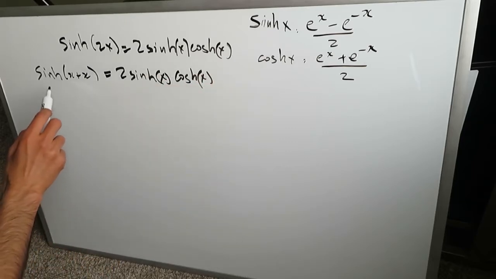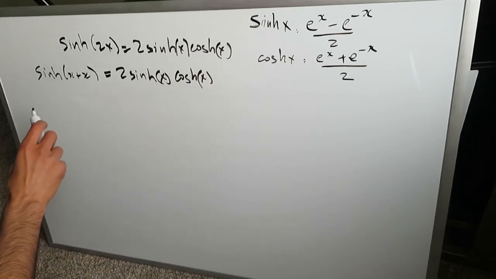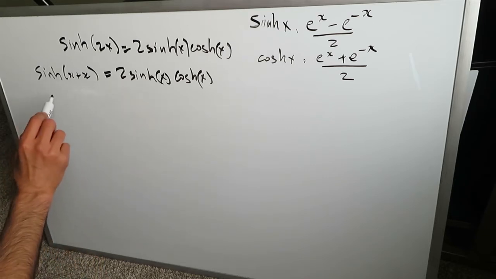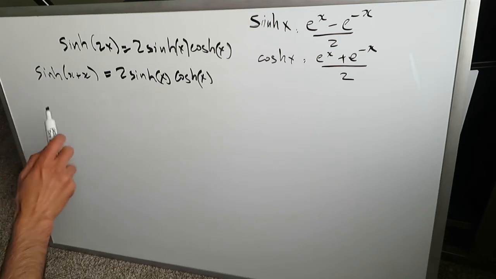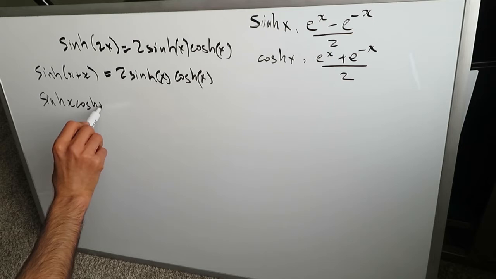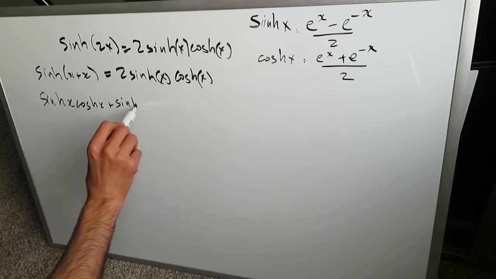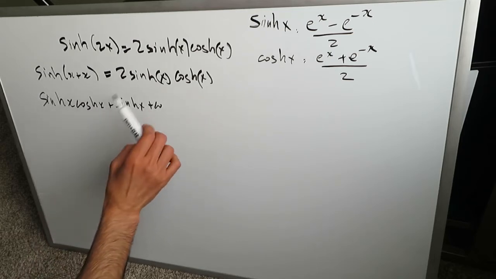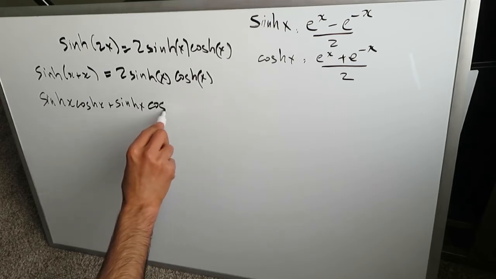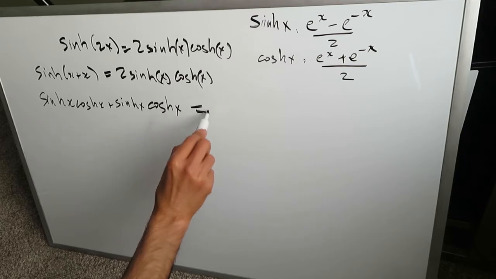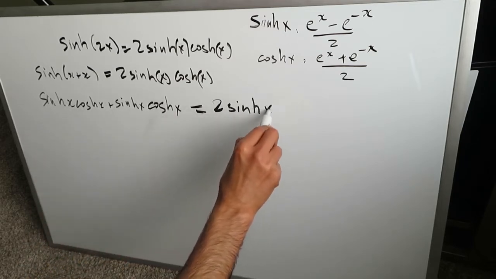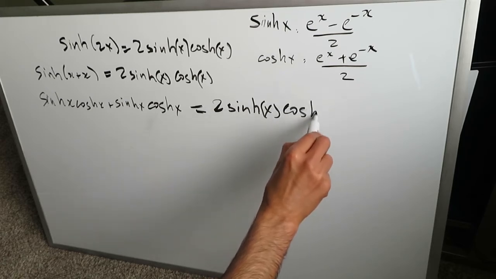You know this over here is going to be sine hx cosine hx plus sine hx cosine hx, which should equal exactly what you're seeing, 2 sine hx cosine hx.